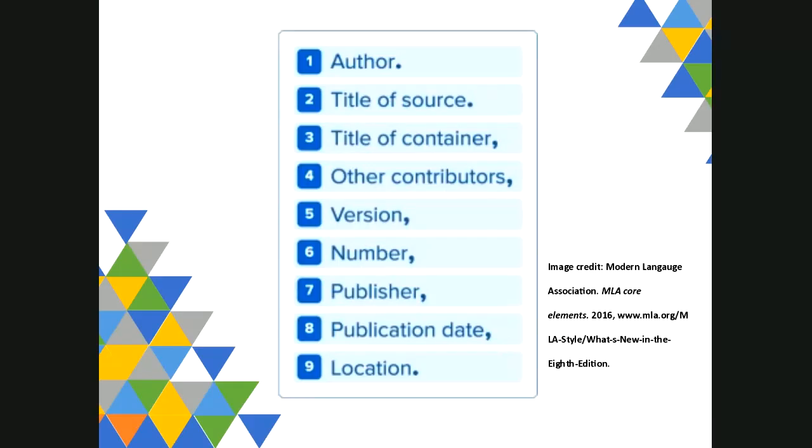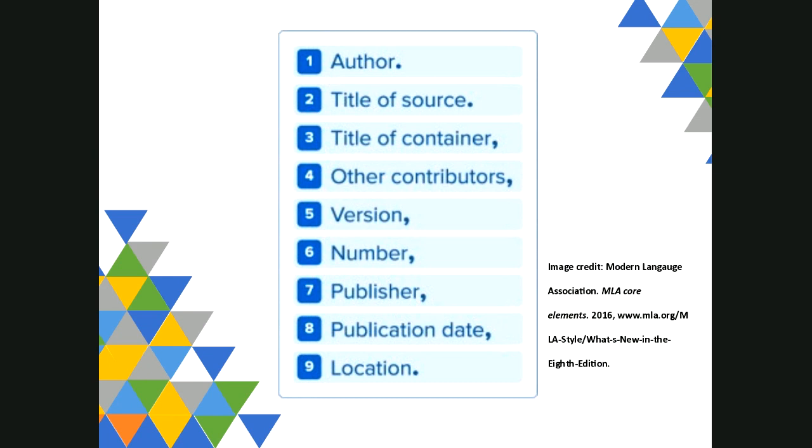I'm going to assume that I'm speaking to a room full of librarians, so I won't belabor the point on this slide too much, but here are the core elements. This is the crux of the universal approach to sources that's laid out in the 8th edition. The idea is that no matter the medium of the source, all sources can be described by the same core elements.